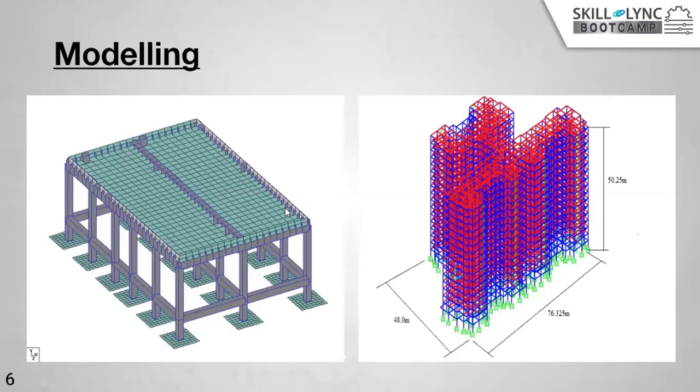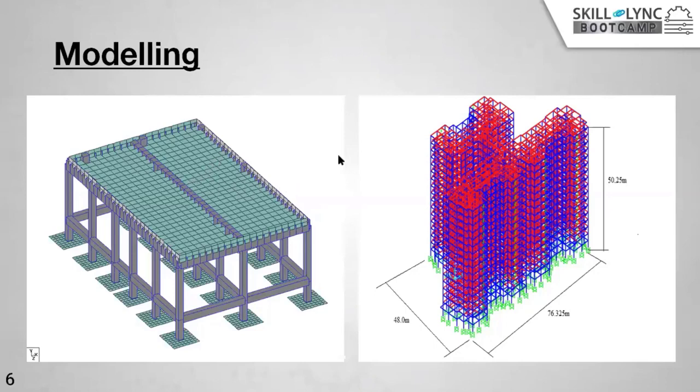Creating a node in STAAD.Pro is different from creating a node in SAP or ETABS. But the main thing is you have to create a node, which is the column position, or you have to create a member, which may be a column or beam or a slab element. So this is the thing you have to concentrate on each way.